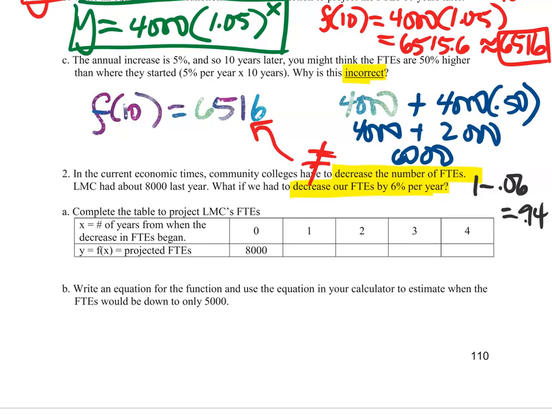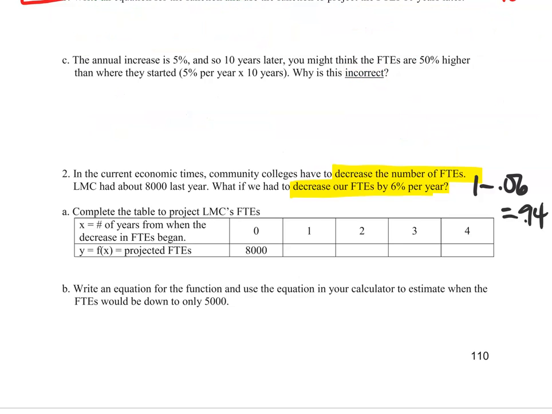So let's complete the table and write an equation for this. X is the number of years from when the decrease in FTEs began, with the number of FTEs, which is 8,000 at the beginning. Y equals f of x, that is the projected FTEs. So here, if we decrease by 6%, at the beginning it was 8,000.